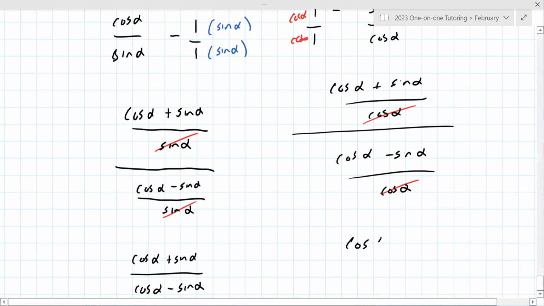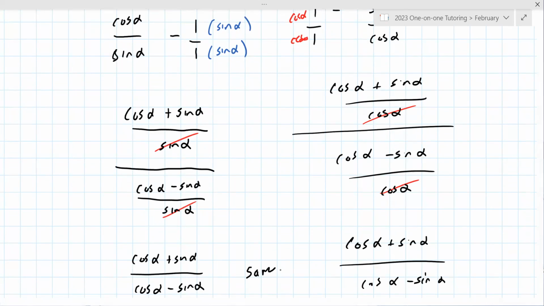So this would be a good one to practice. You can see it does work out to be the same. Though unfortunately, the rules don't apply to all situations at all times.